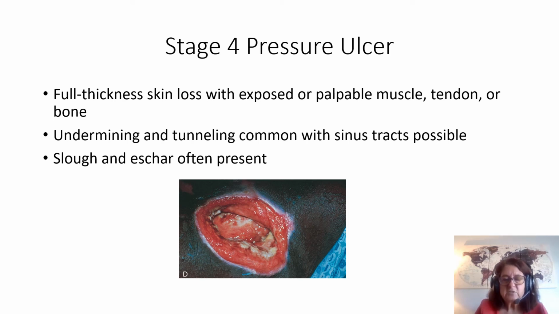Usually the physician will give you orders of what you may need to do. You may have to do a wet to dry packing, or different medications like Medihoney put in there. So when it gets to that point, I would imagine a wound care specialist needs to take care of that.